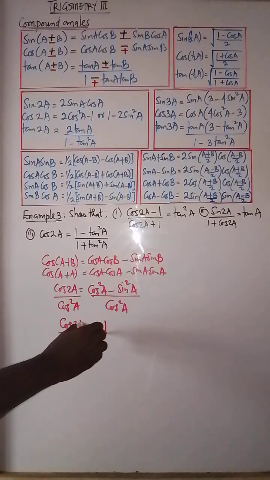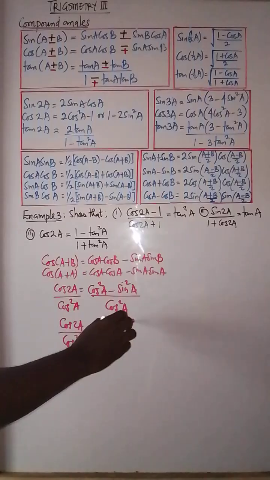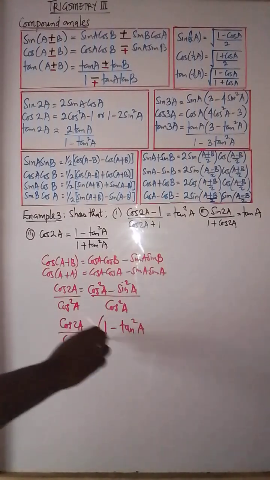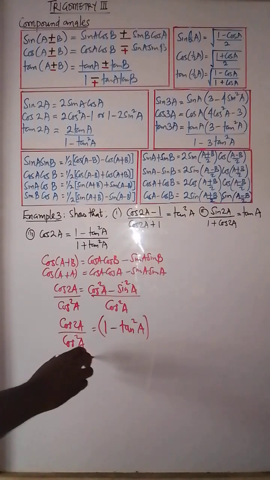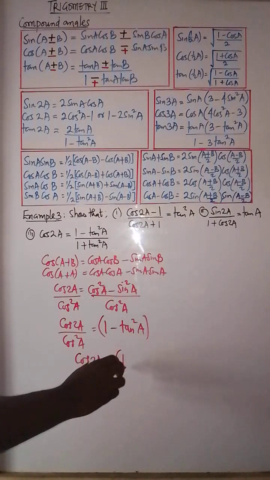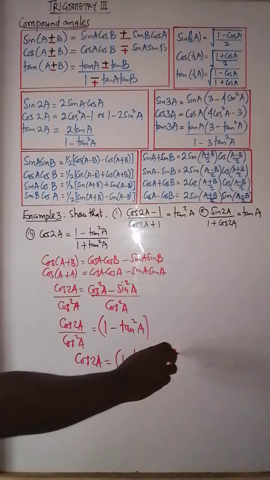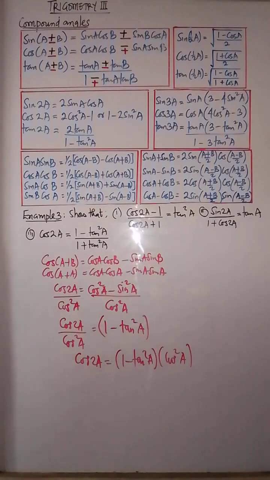This will give me 1. Sine over cos gives me what? Tan square A. Then I can bring this one here. So it means cos 2A equals 1 minus tan square A times cos square A. Sorry, times cos square A. But what next?